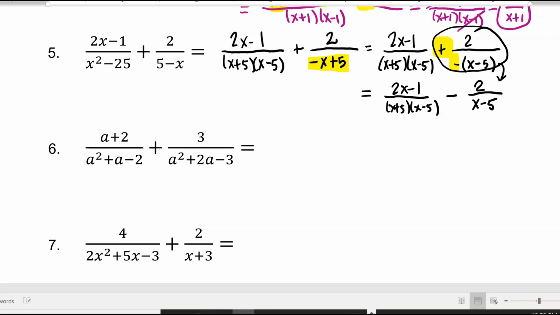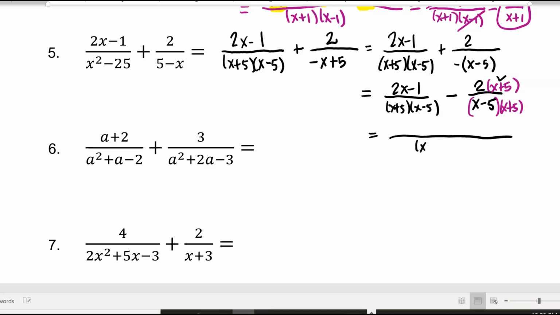Now, our LCD is x plus 5 times x minus 5. That means that we need to multiply the second denominator by the x plus 5, so our denominators are the same. And likewise, we do have to multiply the top by the same thing. So, same denominator, let's combine our fractions.